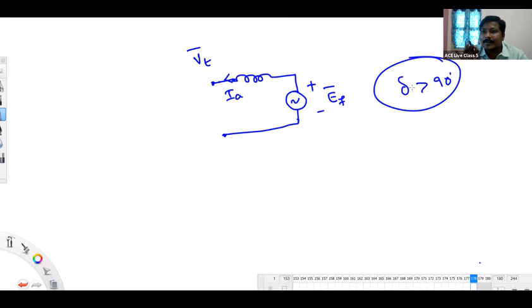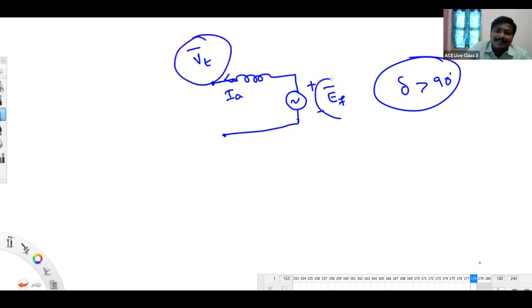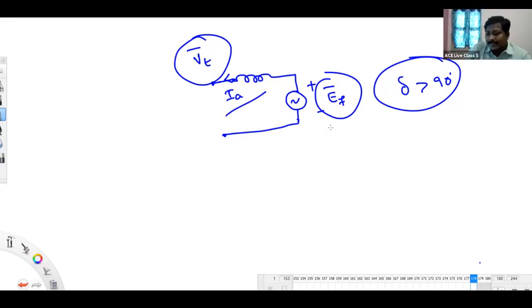Listen. Delta is measured between what? That is V1 and V2. That is the angle you should consider. Why are you bothering about the current angle now? Even though you take the current in this direction, ultimately after drawing the phasor diagram, you should check the angle gap between VT bar and EF bar.